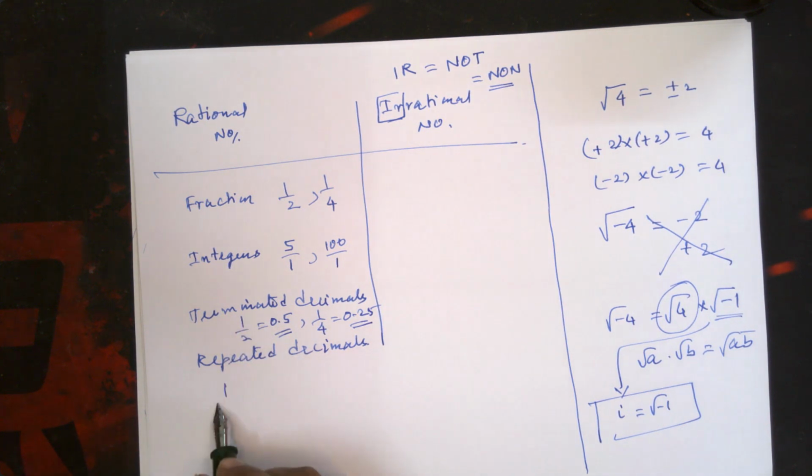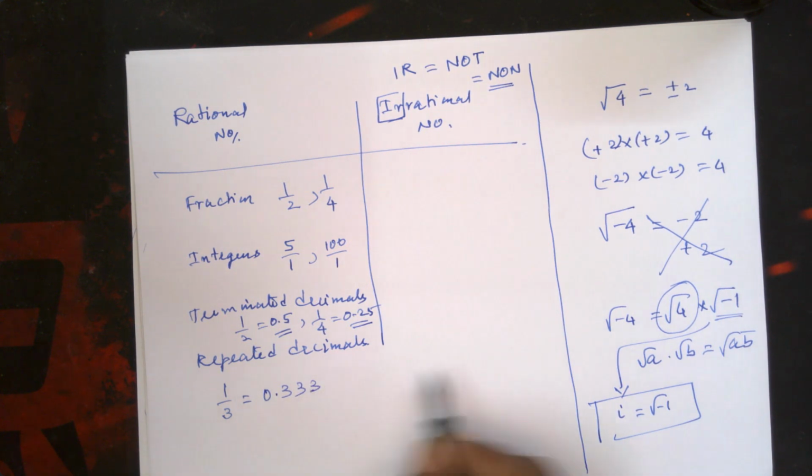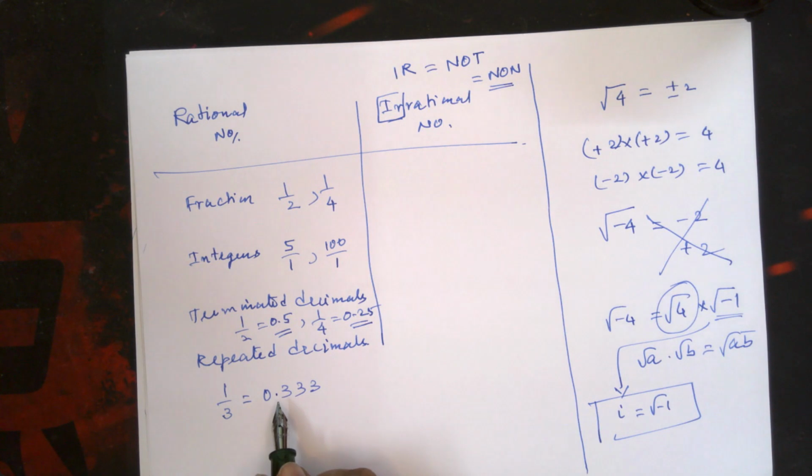And non-terminated, that is, repeated or recurring decimals are there. For example, let me take 1 by 3. When you divide 1 by 3, what will happen? 0.3, 3 times 9 balance 10, 3, 9 balance 10, 3 and so on. So this is called a repeated decimal.